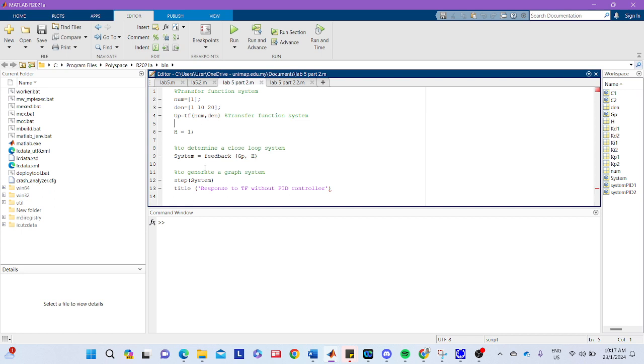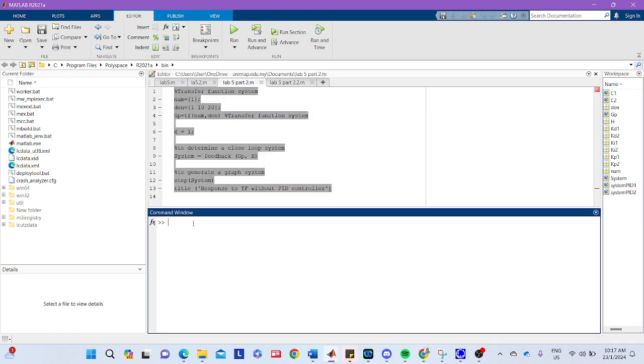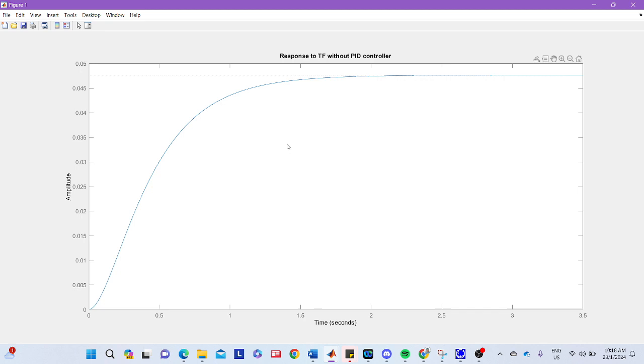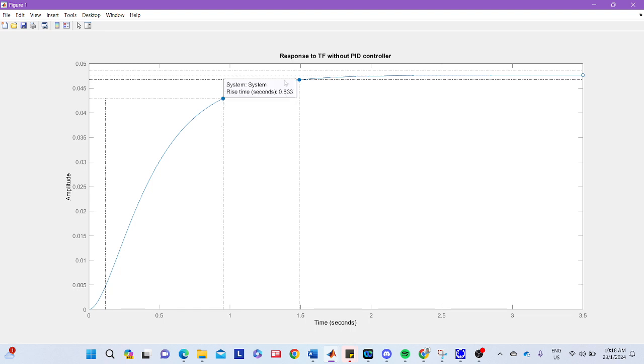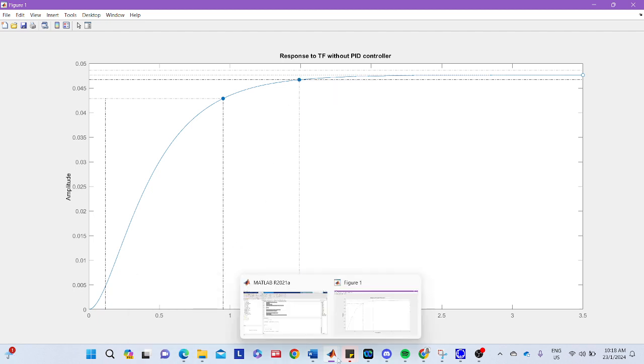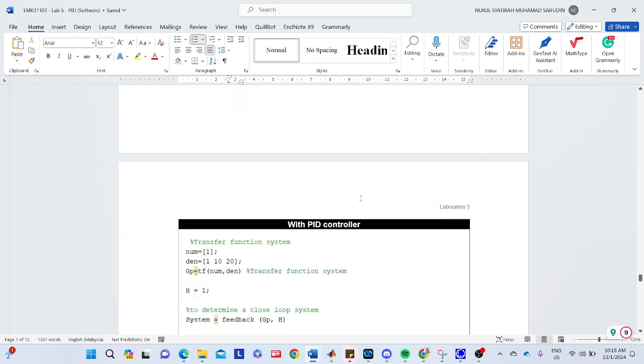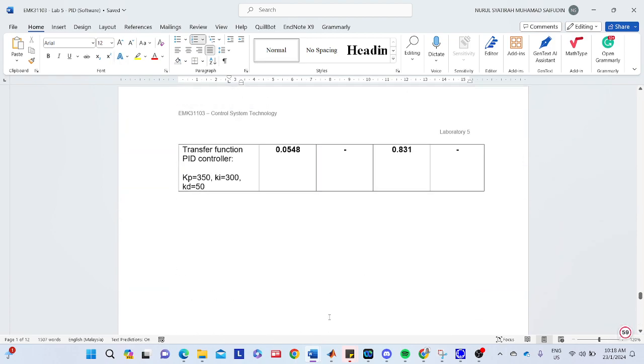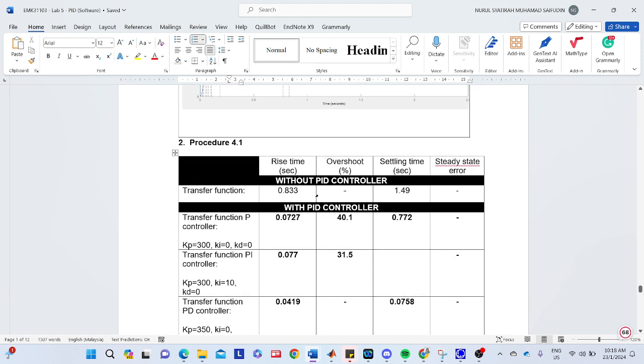So we copy and paste it here and see the graph. This is the response of the transfer function without the PID controller, and we also get the peak response, settling time, and rise time. Here we get a rise time of 0.833 and a settling time of 1.49 seconds. We put them in the table. For overshoot, there is no value.